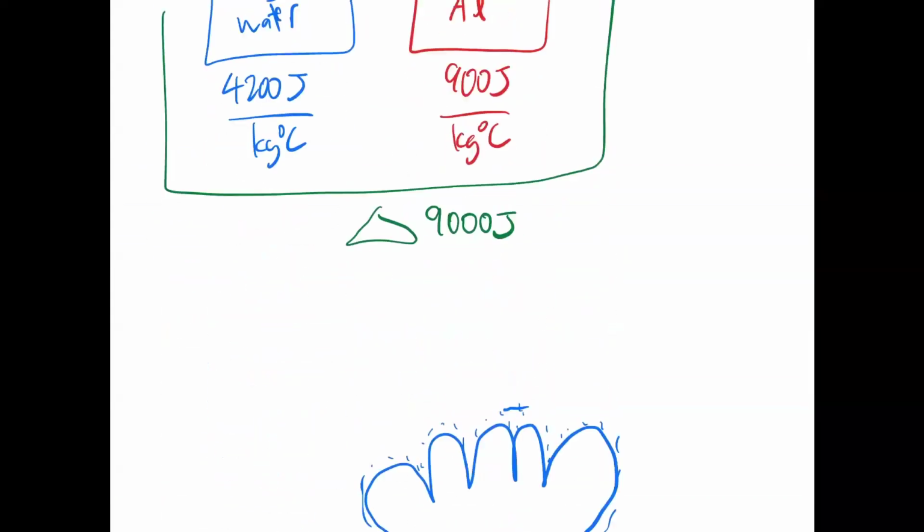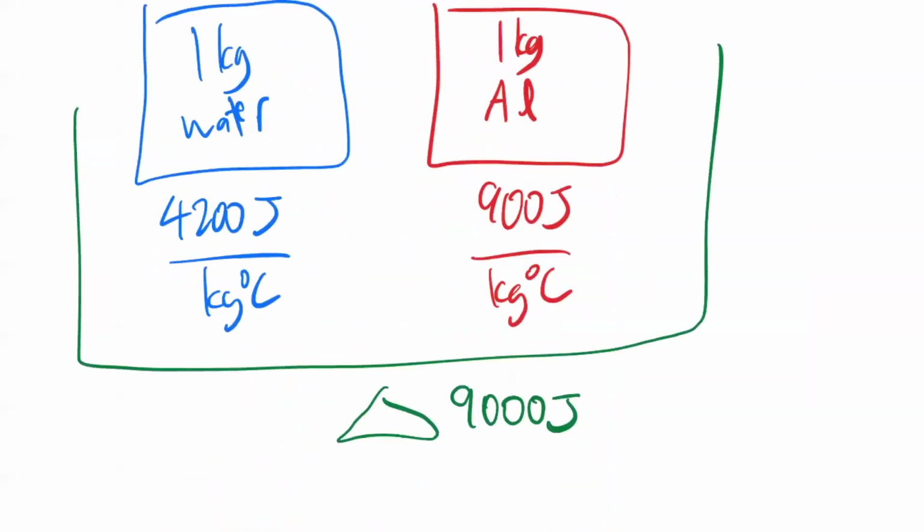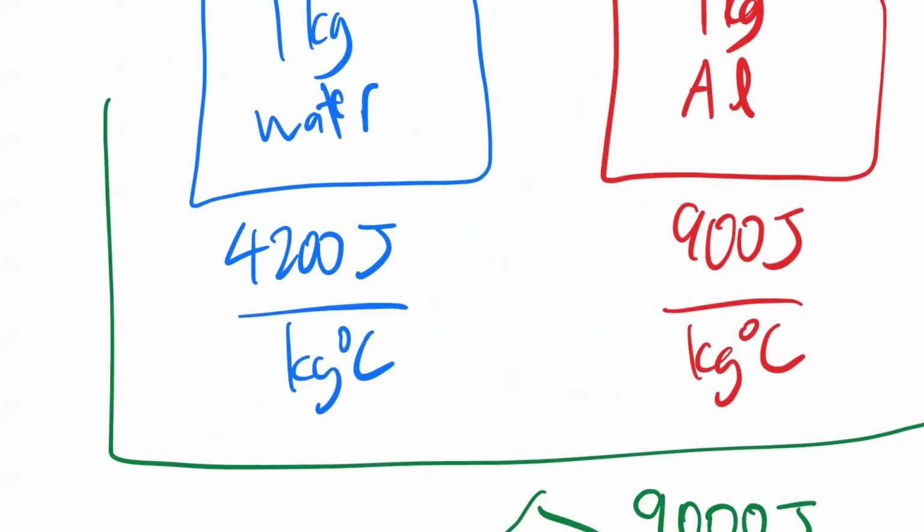If you go back to here, 1 kg of water needs 4,200 joules to increase by 1 degree Celsius. The water that we layer onto our skin is not more than 1 kg. So even though it absorbs heat, it will not absorb that much heat. Yes, very good.